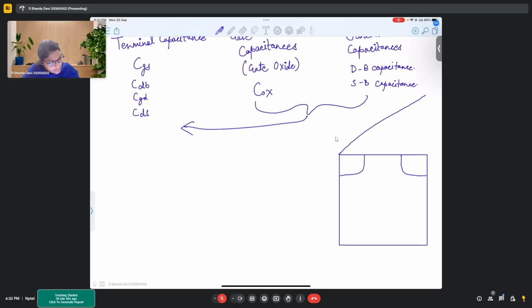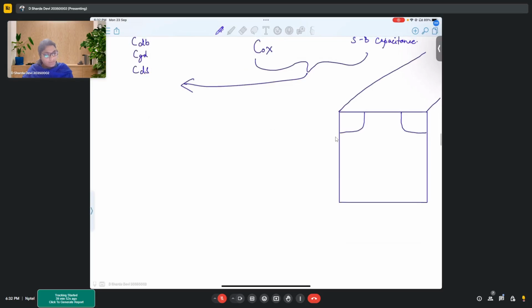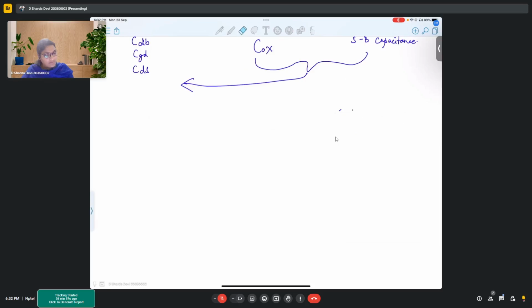Maybe I should draw a 3D view. A 3D view would be better and it will give us more insights into it.